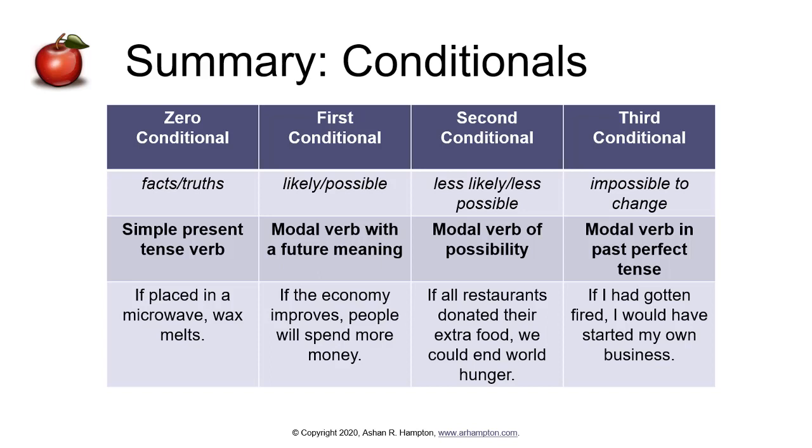That is more than likely true, and it will more than likely happen. Second conditional is less likely or less possible. Use a modal verb of possibility. Example, if all restaurants donated their extra food, we could end world hunger. Third conditional is impossible to change. Use a modal verb in the past perfect tense. Example, if I had gotten fired, I would have started my own business. You might want to pause the video here to take a better look at this chart.